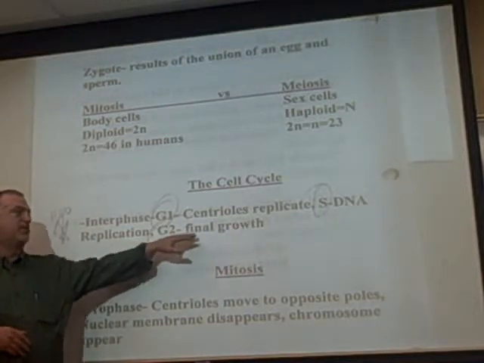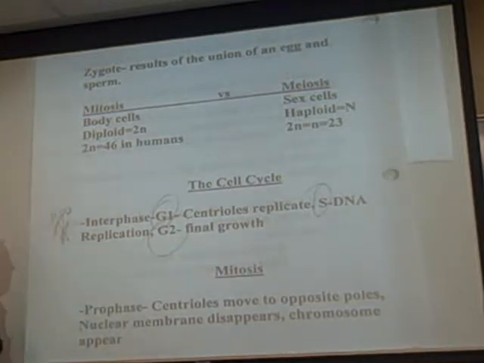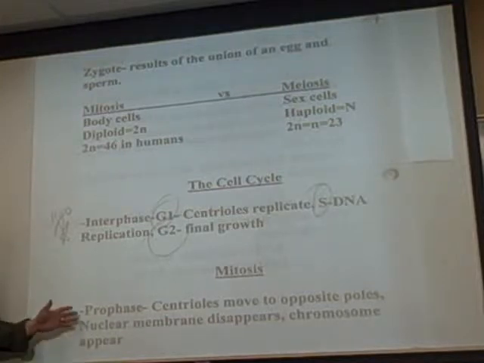I think all of them agree there's final growth, but some say there's some protein synthesis in G2 as well. But there's a ton of stuff going on here. We're doubling all the genetic information. So when we get it doubled, we can now start organizing and dividing the cell. And that's all mitosis is.